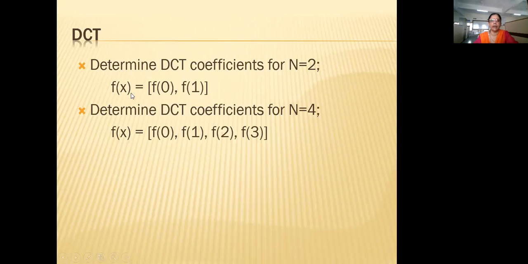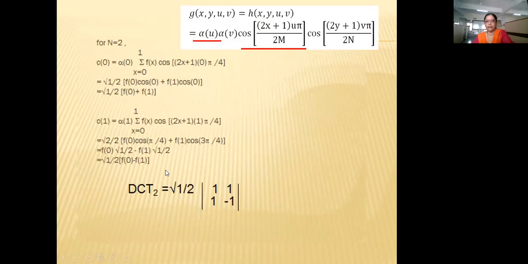So let us have a look at the first example, that is determining DCT coefficients when input signal length is 2. Okay, so here you can observe the DCT equation: forward transformation kernel alpha u alpha v into cos of (2x plus 1) u pi by 2m into cos of (2y plus 1) v pi by 2m.